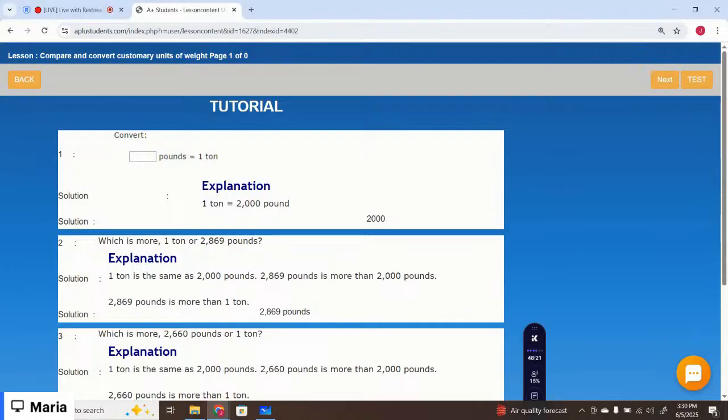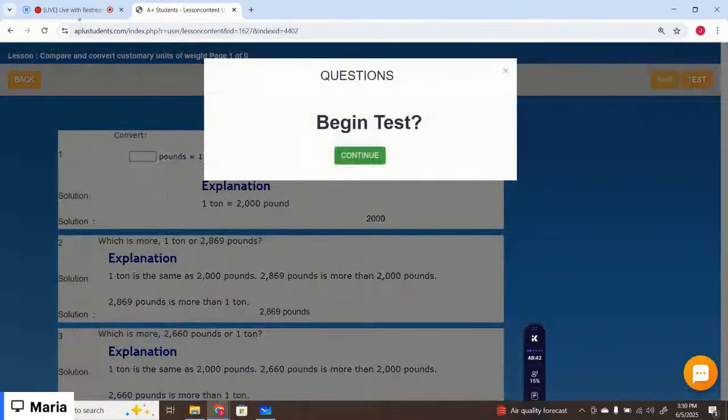One ton equals how many pounds? One ton equals 2,000 pounds. Let's just start with the test questions.